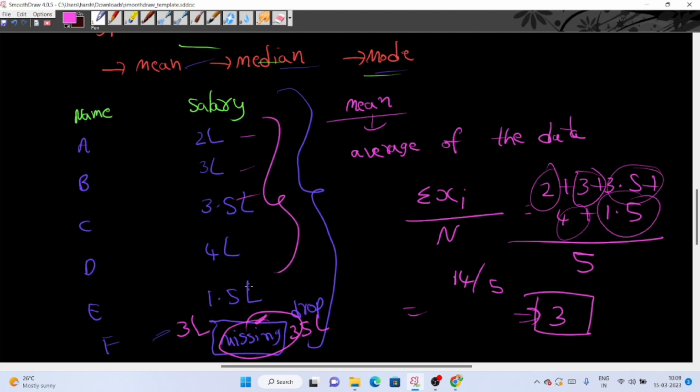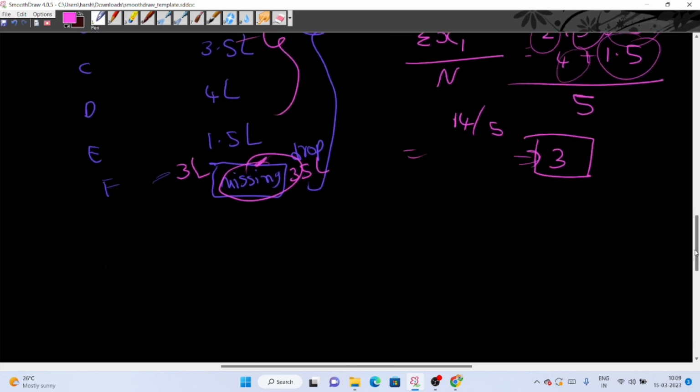But using this mean, we can easily get a value which fits in the place of F's data, and also it is similar to all the data which is available. So this is all about mean, and let us now discuss median.